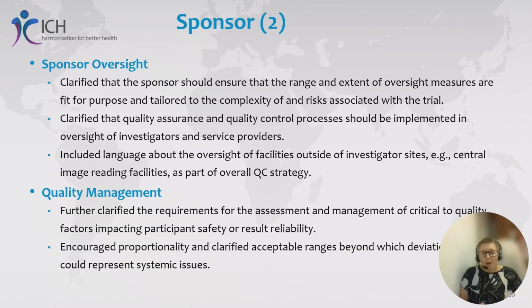We also talk about quality assurance and quality control processes. They need to be implemented for the oversight of not just the investigators, but also your service providers. Are your service providers doing what you're expecting them to do? Have you been clear in the agreements what the expectation is of them?